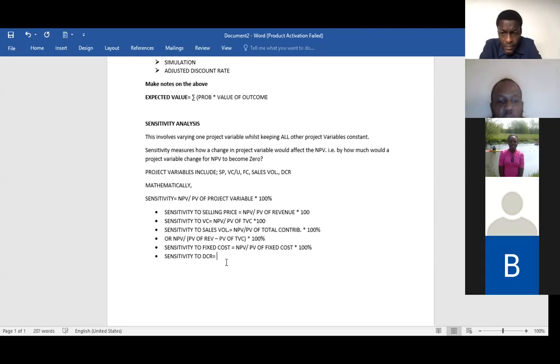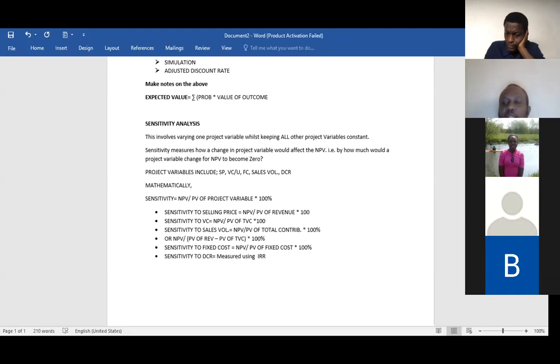Sensitivity measures by how much our discount rate will change for NPV to become 0. That's what we've said before. So what's the answer? IRR. So our IRR is the measure of our sensitivity to discount rate.